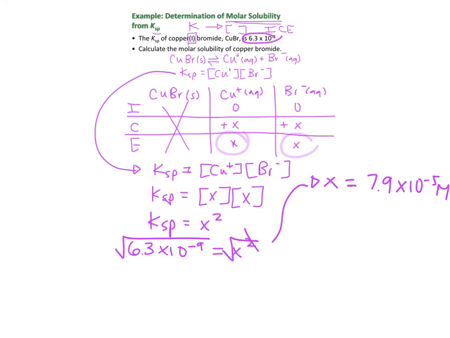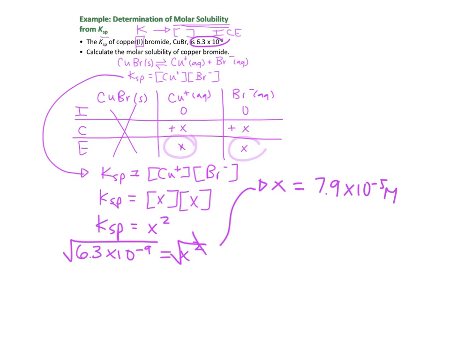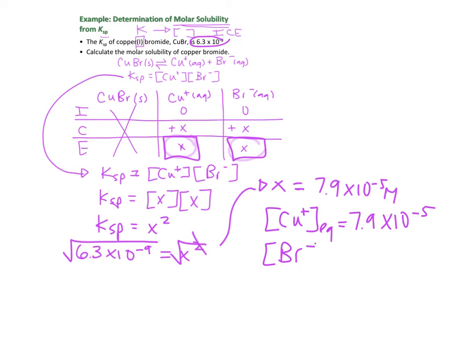So now we can go back in and calculate our concentrations at equilibrium. Because we just have x by itself, then we have the concentrations for both of these. So the concentration for Cu plus at equilibrium is 7.9 times 10 to the -5th. And then for bromide, it's the same thing.